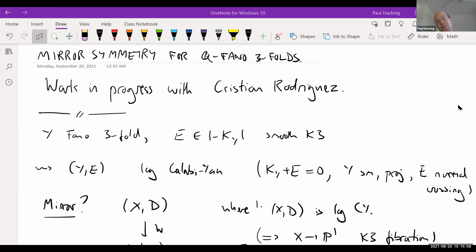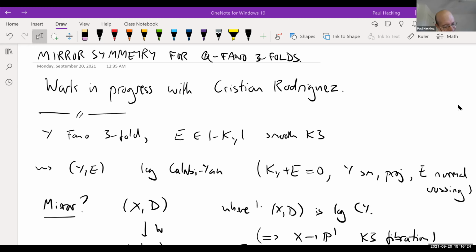That classification is part of the classification of algebraic varieties coming from the minimal model program. And the basic idea of the Fano search program is to try to leverage mirror symmetry for Fano varieties to help classify these Q-Fano threefolds.